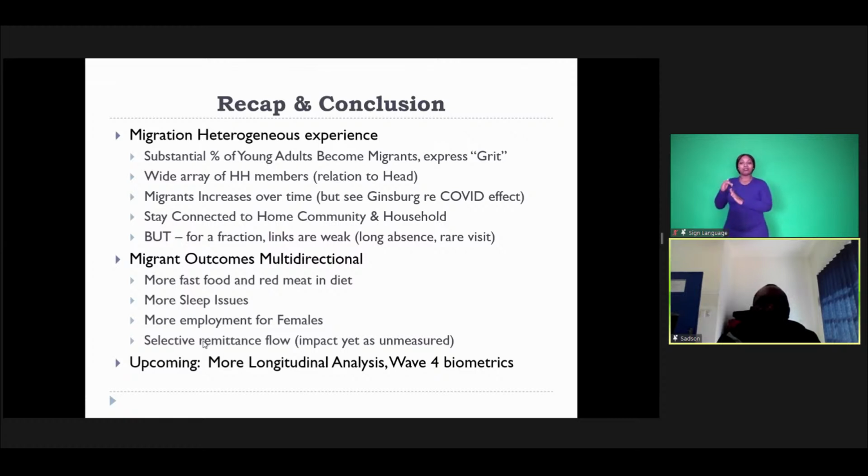Of course, for a fraction, the relationship with the household is weak in terms of household visits. They visit rarely. Also, they eat more fast food, such as red meat, in their diet compared to non-migrants. They have more sleep problems, and we have more employment of females compared to males. And again, there is selectivity in terms of remittance flow.